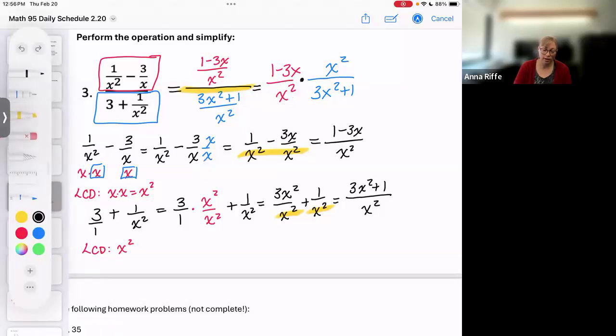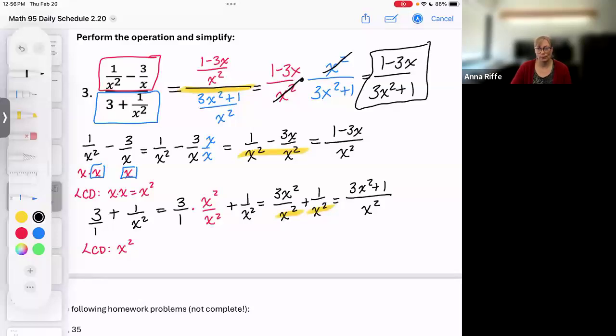So I can cancel that common factor of x squared. That gives me 1 minus 3x remaining on top, 3x squared plus 1 on bottom. And that is my final simplified form.